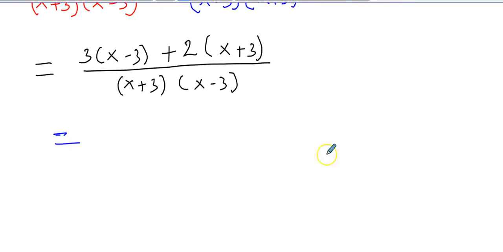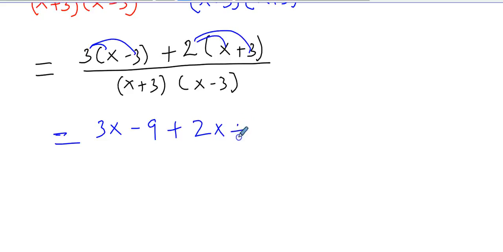We can simplify further. Now I'll use my distributive property. 3 times x, 3x, minus 3 times 3, that's 9, plus 2 times x, 2x, and 2 times 3. There's a plus sign, so plus 6.